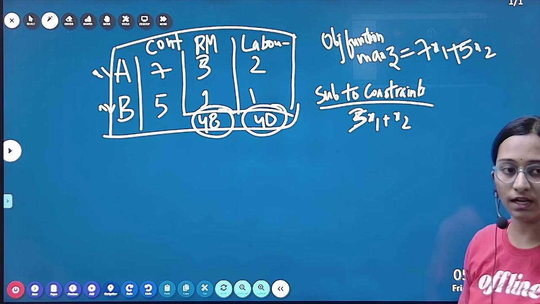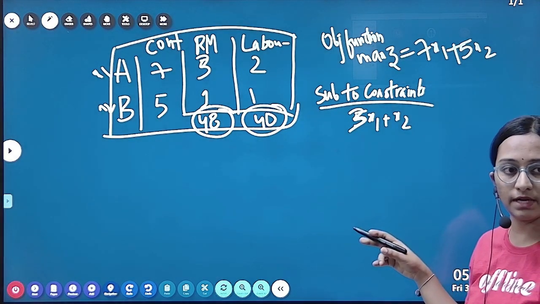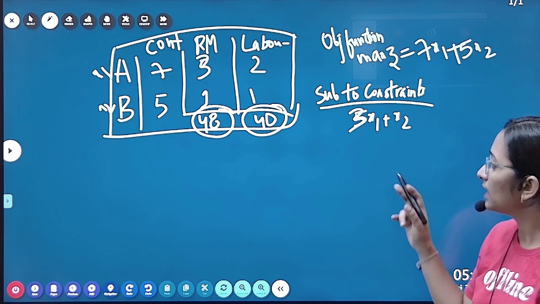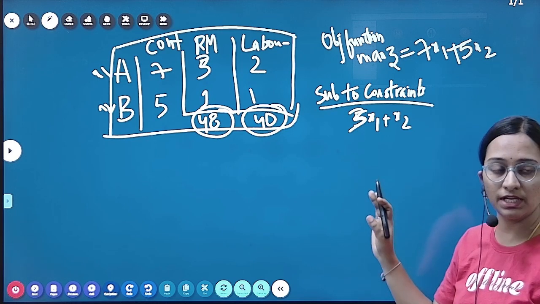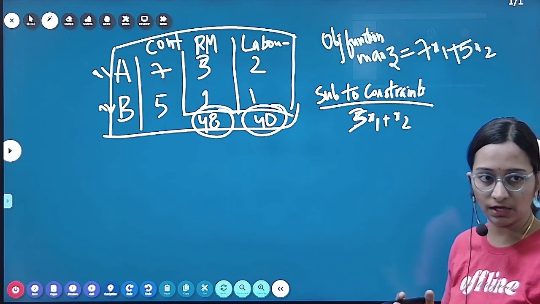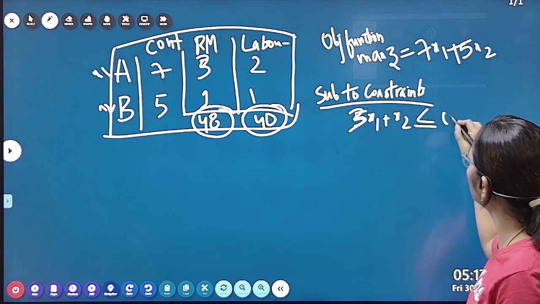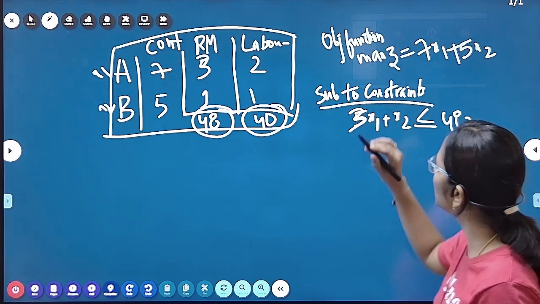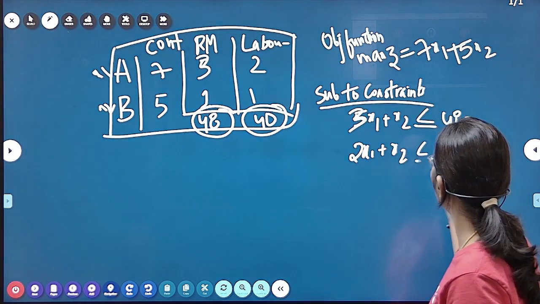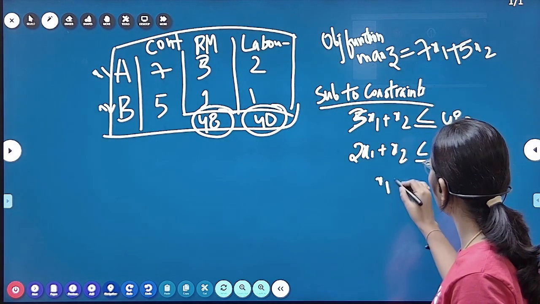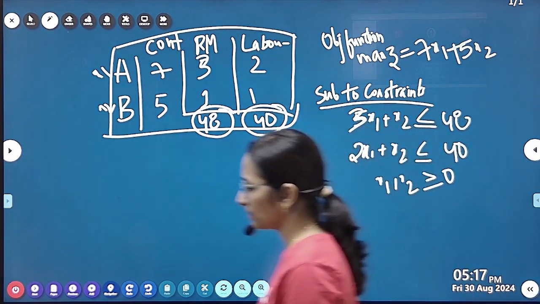The total units available for raw material are 48 and 40 hours for labor, so it is the maximum. It cannot be more than that, it should be less than that only. So it is less than or equal to 48. Next, the labor: 2x1 plus x2 less than or equal to 40, where x1, x2 are greater than or equal to 0. That's all.